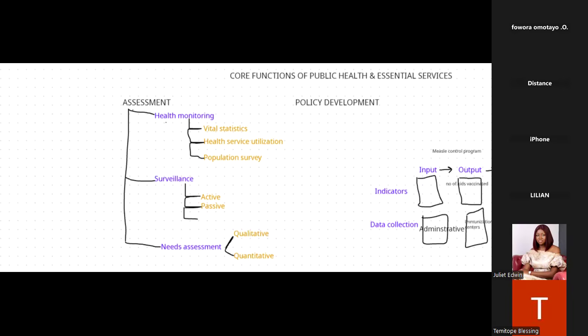Now there are two types of surveillance that were explained in our material, and I'll try to stick to those two, but there are more. I've listed them here: active surveillance and passive surveillance. There's also syndromic surveillance, sentinel surveillance, and a couple of others.